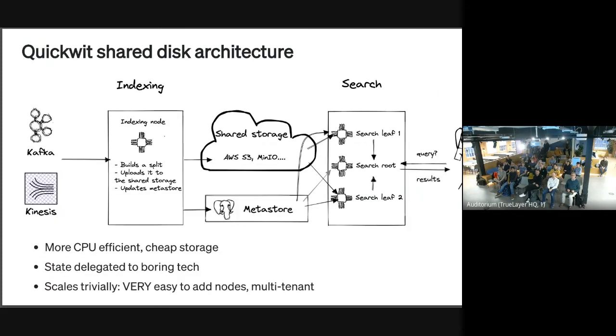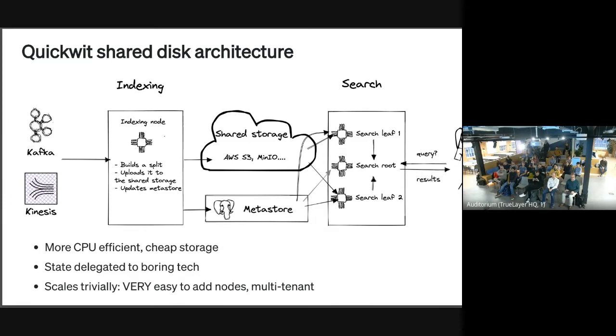Let's first present the shared disk architecture of Quickwit. So first thing, if you look at the indexing part, you have one indexing node that will take documents from a distributed queue. Behind the scenes, we are using Tantivy, and we will use the commit function from Tantivy.